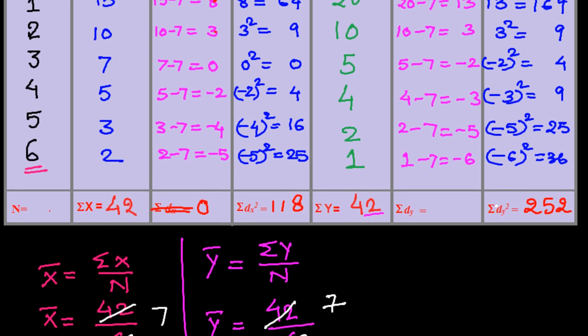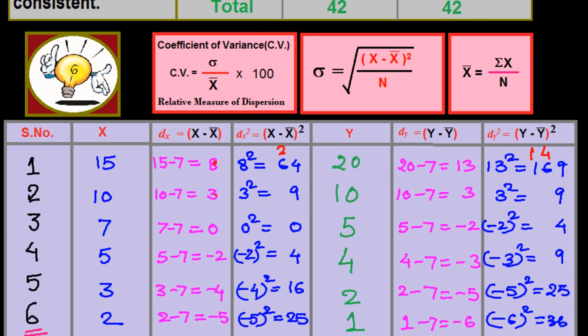Now we know the formula to find out the sigma. Sigma is equal to the square root of the summation of the square of the deviation from the mean of the data, over n.